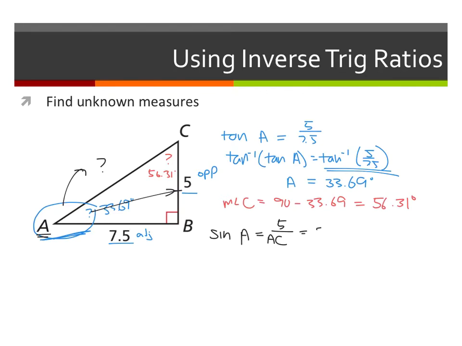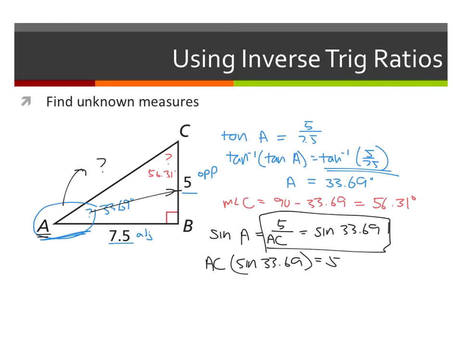And sine of A, sine of 33.69 equals all that, which means AC times sine of 33.69 equals 5 if you multiply AC on both sides. Right here, if you multiply AC on both sides, you have AC times sine of 33.69 equals 5.